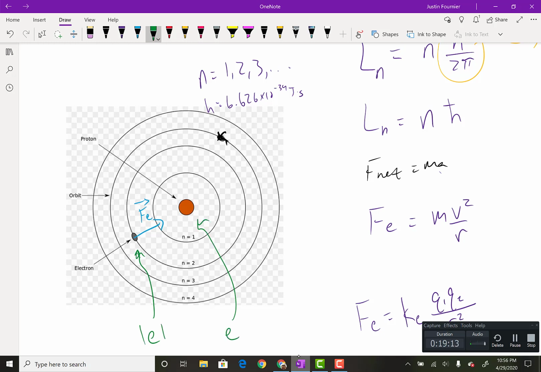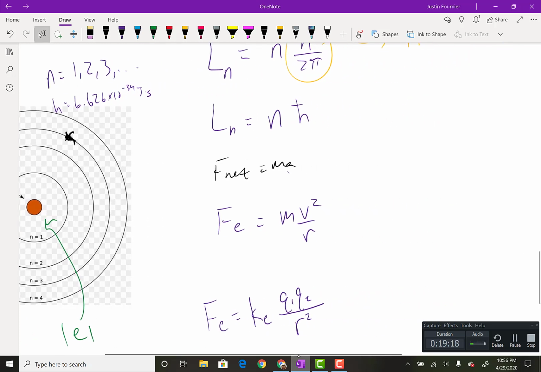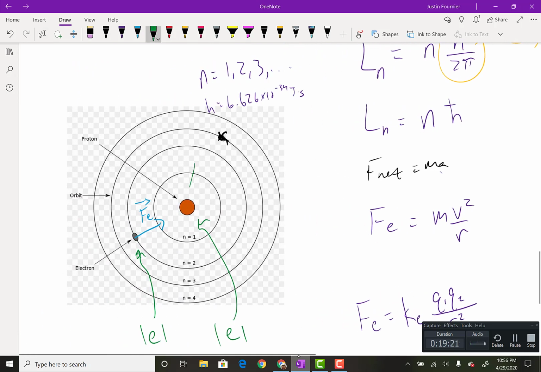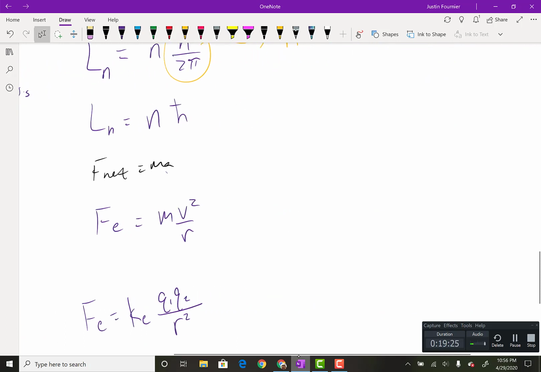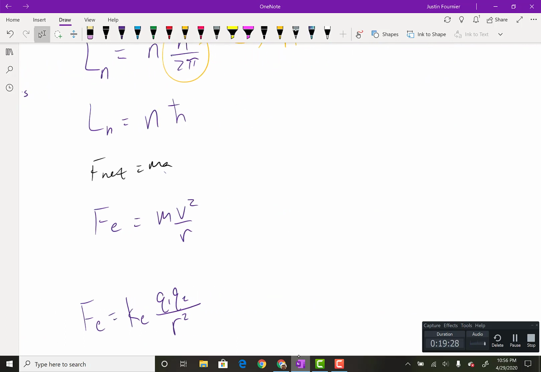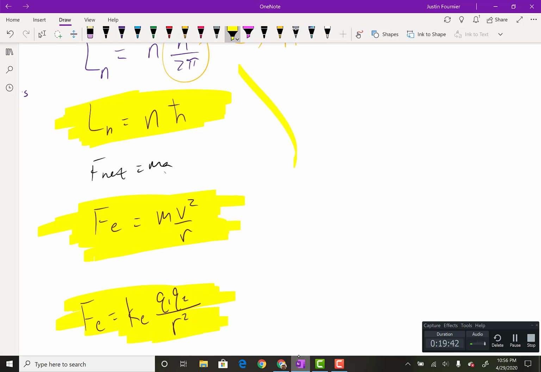So you can think about what to plug in for Q1 and Q2 right there. I think just from these three, you should be able to derive the expression for r.